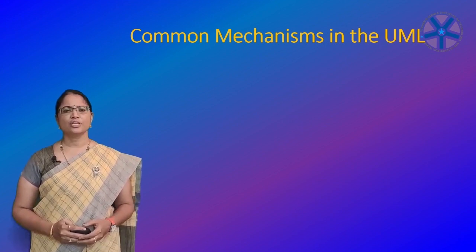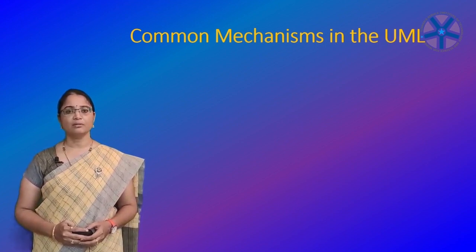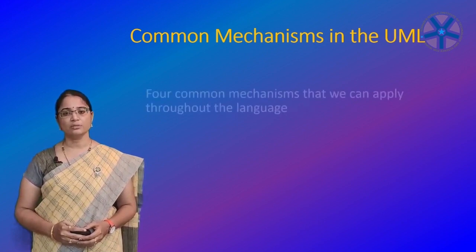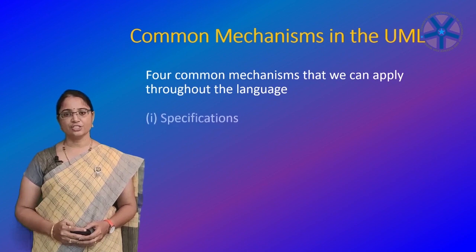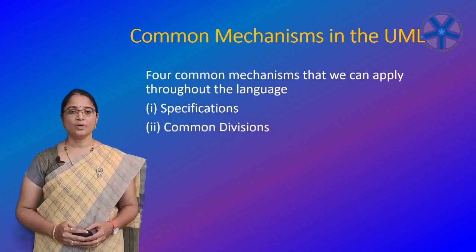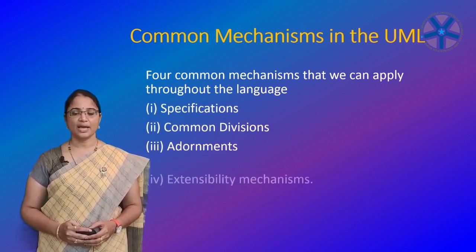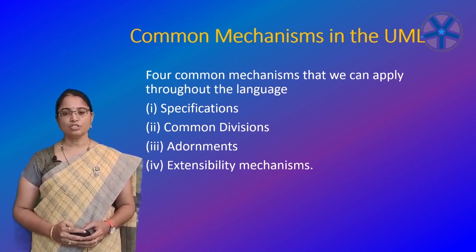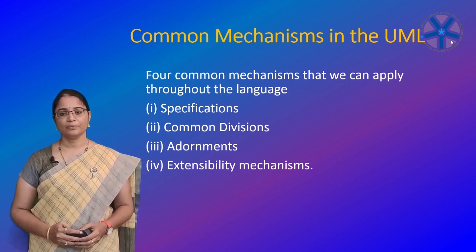The same is true for the UML. It is made simpler by the presence of four common mechanisms that apply consistently throughout the language. Those are specifications, adornments, common divisions, and extensibility mechanisms. This is regarding the conceptual model of the UML.